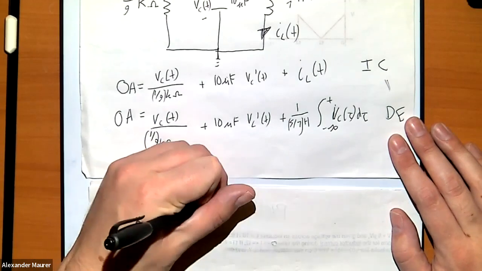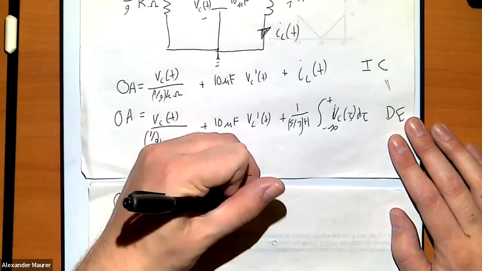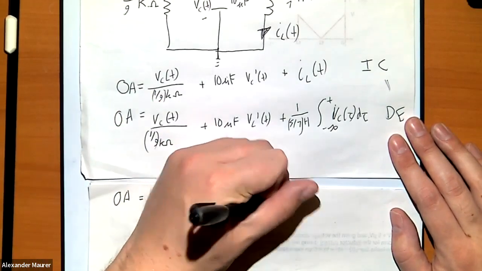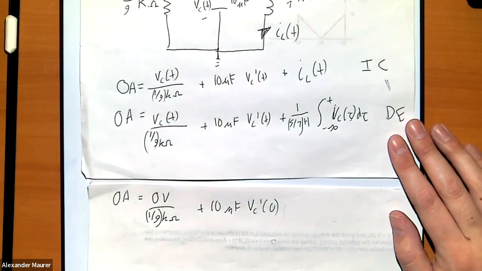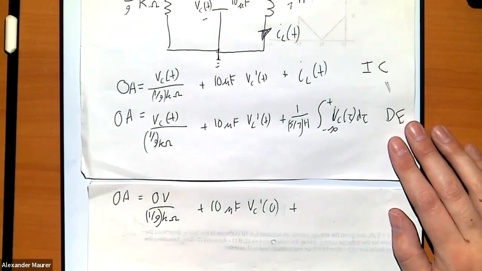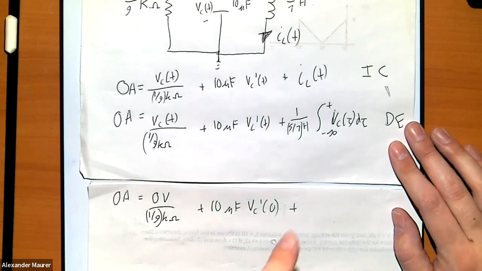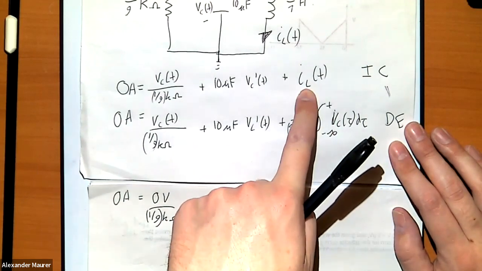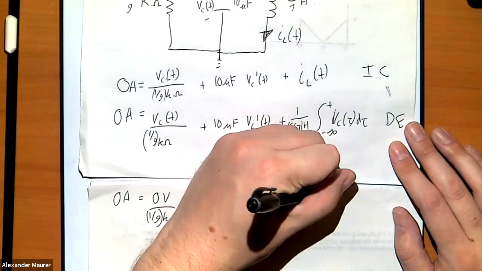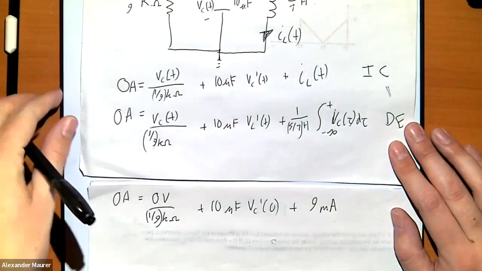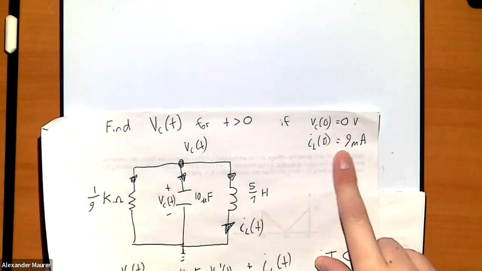Then we get plus 10 microfarads, VC prime of 0. Plus IL of t. So IL from our initial conditions above was 9 milliamperes. So that's 0 volts, 9 mA.